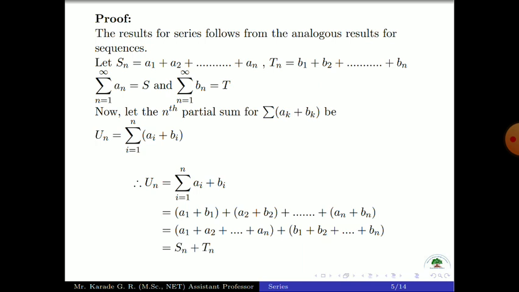In the first group, a1 plus a2 plus up to an, and in the second group, b1 plus b2 plus up to bn. The first group is nothing but the partial sum Sn, and the second is the partial sum Tn. So un is the addition of two sequences of partial sums, sequence Sn and sequence Tn.